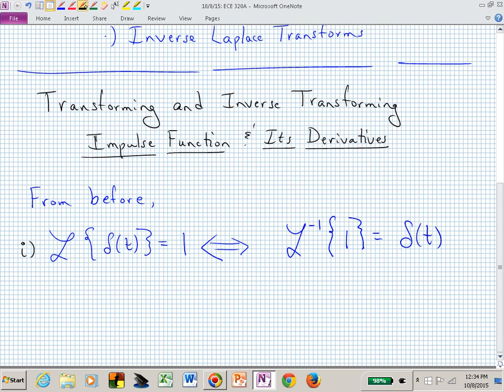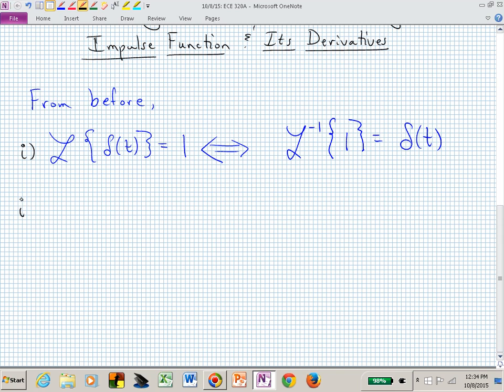Extending on that, this is what I simply put down at the end of Tuesday's lecture. Suppose that we now have the derivative of the impulse. Did anyone look at those notes to know what that might equal?